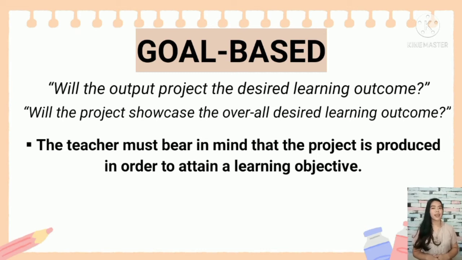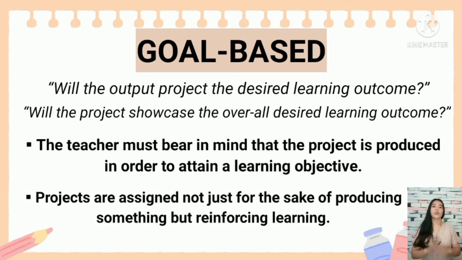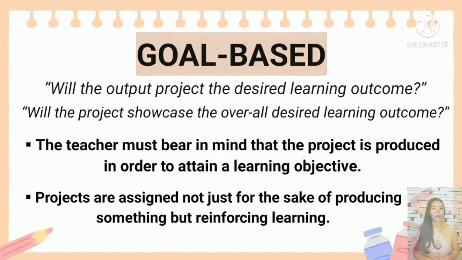Products are assigned not just for the sake of producing something, but for reinforcing learning. Therefore, each task must be carefully designed to ensure that it is appropriate, aligned, and focused on the desired learning outcome.